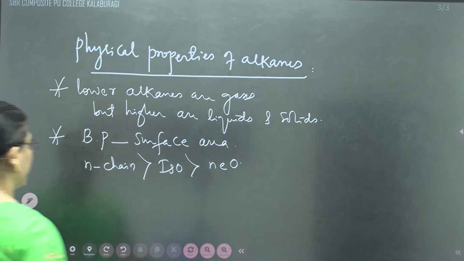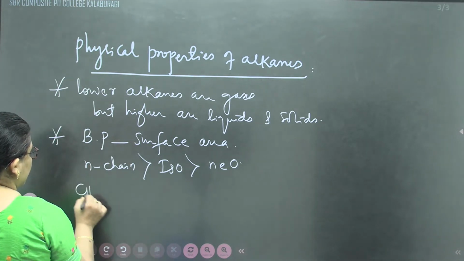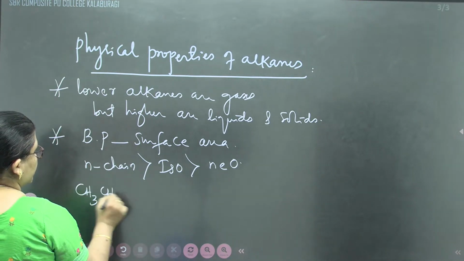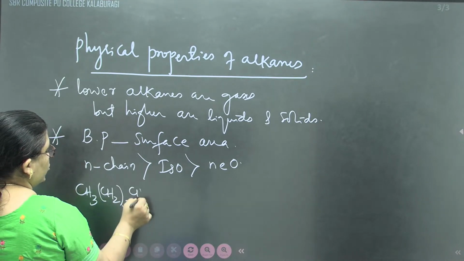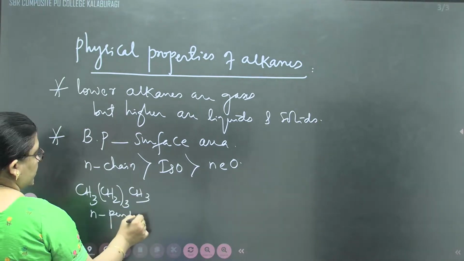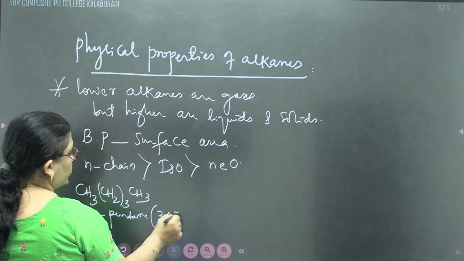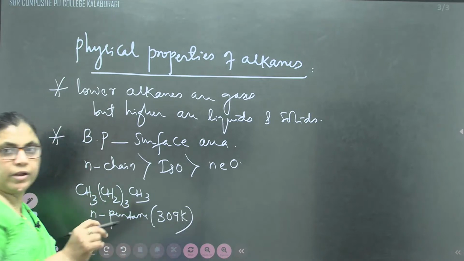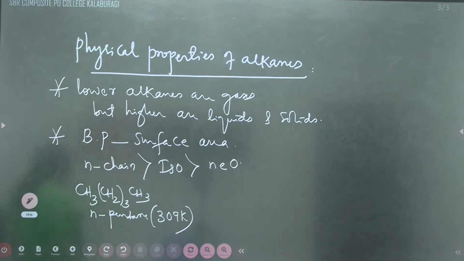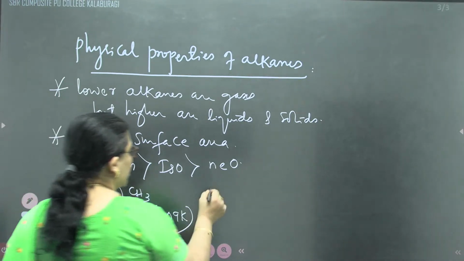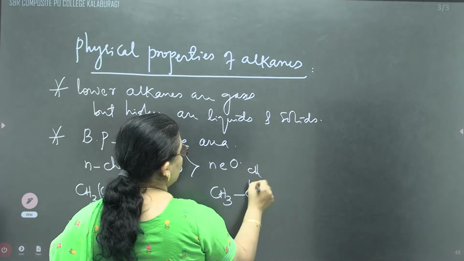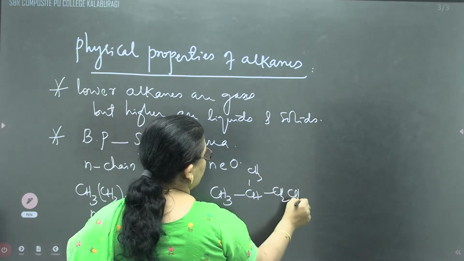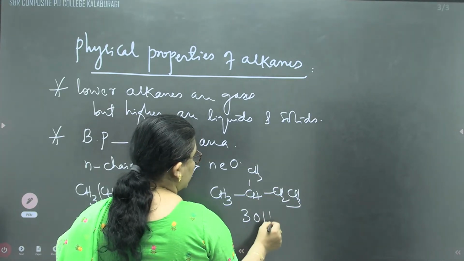For example, if I take normal pentane, the boiling point is around 309 Kelvin. If we take isopentane, CH3, CH, CH3, CH2, CH3, it will be 301 Kelvin.